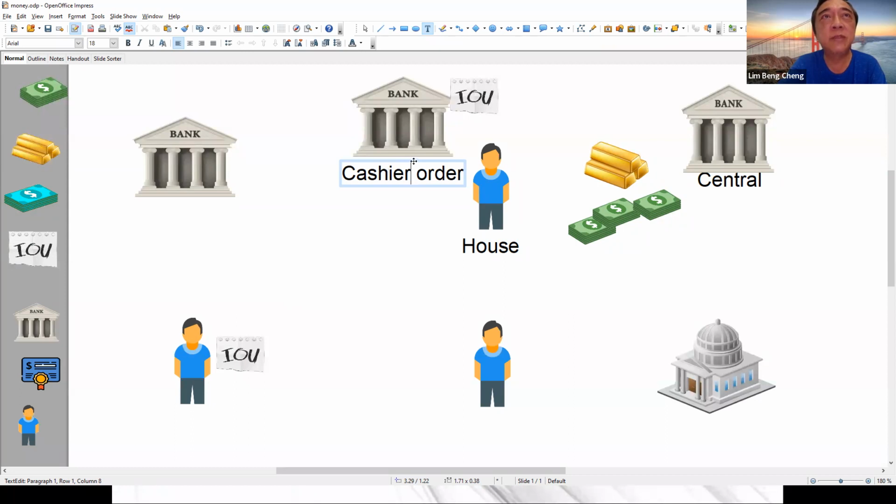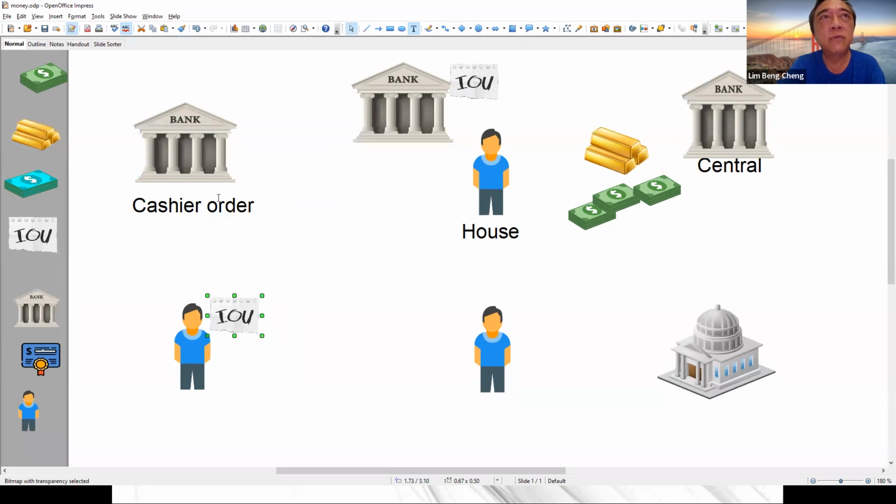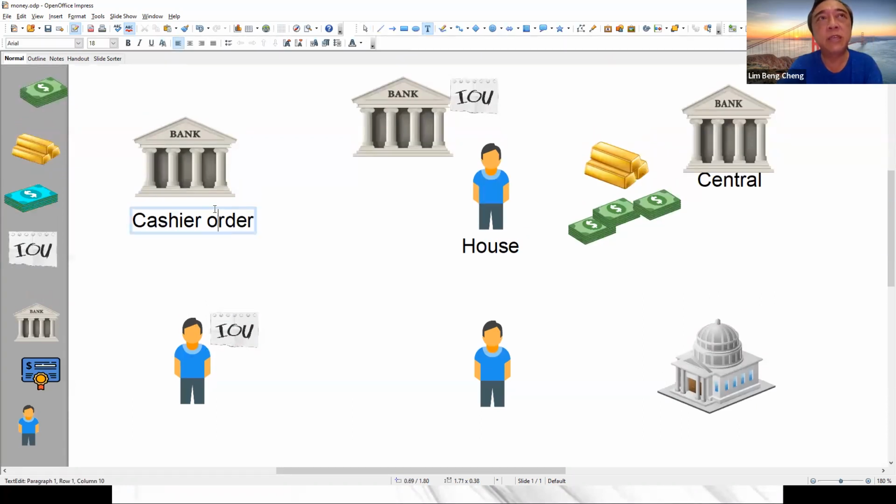So suppose it's more complicated. If the cashier order goes to this bank, so now this bank has to give him an I owe you. But now this bank says, I take the cashier order, I must cash out, but this is from the other bank.